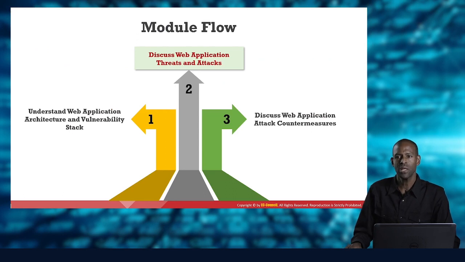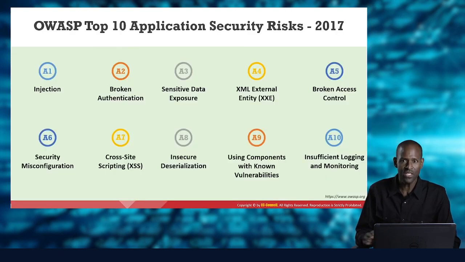Next, we want to look at some of the threats and attacks that can be sustained by web applications. This is the OWASP Top 10 Security Risks for 2017, and we're going to look at some of these. So let's just have an overview. Injection, where you take a web form or URL and you put stuff into the reply that shouldn't be there.